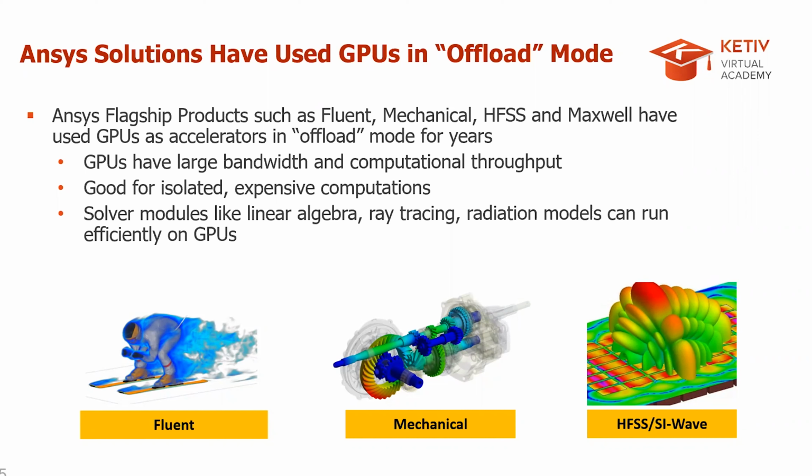What are some of the common applications that use this type of distribution? Anytime you're using, say, for example, the coupled solver, wherein you're doing linear algebra, matrix inversion, ray tracing, or maybe radiation models, then these isolated kernels can be offloaded to the GPUs while the rest of the calculations are taking place on the CPU. So you end up using a combination of CPUs and GPUs when you're using GPUs in the offload mode, okay?